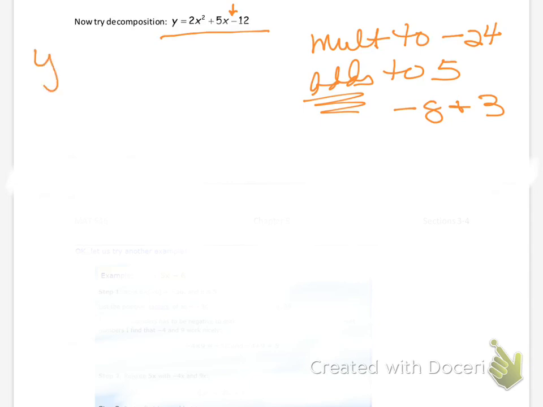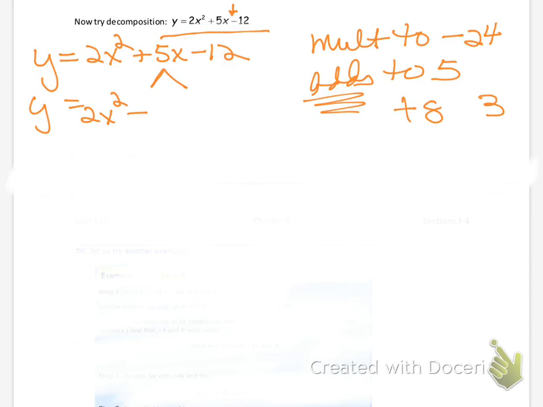So if I initially had y equals 2x squared plus 5x minus 12, then if I decompose the middle term, I'll have 2x squared, no, I'm sorry, it's the other way around, plus 8 and a negative 3. Okay, so glad we caught that early on.